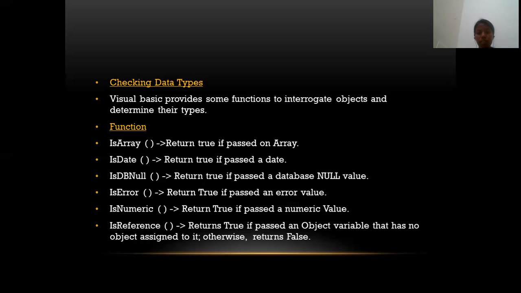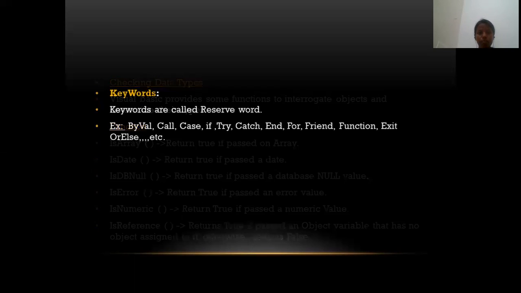So when it is an object variable, it can return true if no object is assigned to it. Otherwise it returns false. Here two conditions come: it returns true if passed an object variable that has no object assigned to it. So when no object is assigned to it, it can return true, otherwise it returns false.